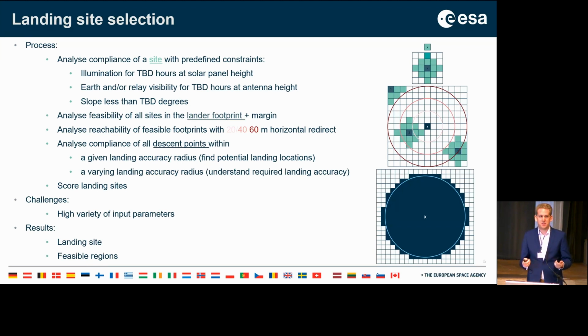And this is where it comes to the landing accuracy that you often hear for landers, who say we can land within an accuracy of 50 meters or 100 meters. In the analysis I'm presenting today, we understand this not actually as the landing accuracy, but rather as the accuracy of this full stop that you have at, let's say, 50 meters height. Obviously, depending on the analysis you want to do, you know, okay, this is the required area, the required landing accuracy I need, or this is a feasible site because I fixed the landing accuracy.